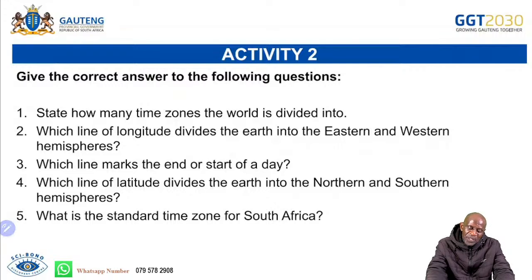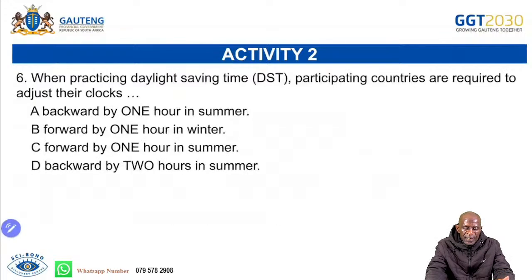Number 5, what is the standard time zone for South Africa? These are some of the questions that you need to answer. In the interest of time, I'm going to take you through each of these questions, discussing the best possible answers that we may provide.